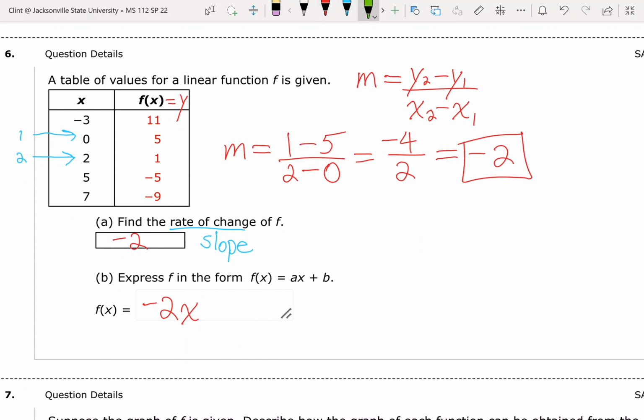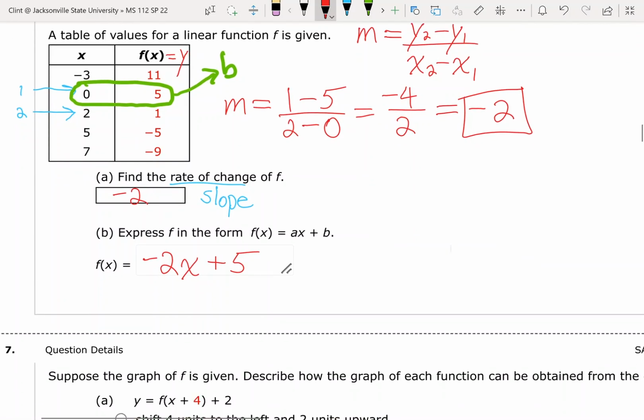We're lucky enough on this one, this point is b, the y coordinate. We've got an x coordinate of 0, so this is the y-intercept. Our y-intercept is 5. So plus 5. Questions on that one? Yeah, scroll up a little bit.